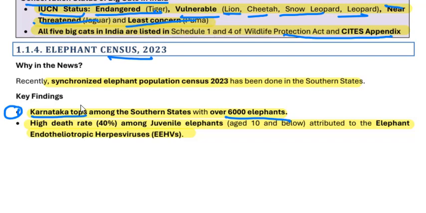Not only in the southern states, all over India, Karnataka tops with 6,000 elephants. Second is the high death rate of 40% among juvenile elephants, that is age 10 and below, attributed to elephant endotheliotropic herpes virus, EEHV. This is important, it made news.